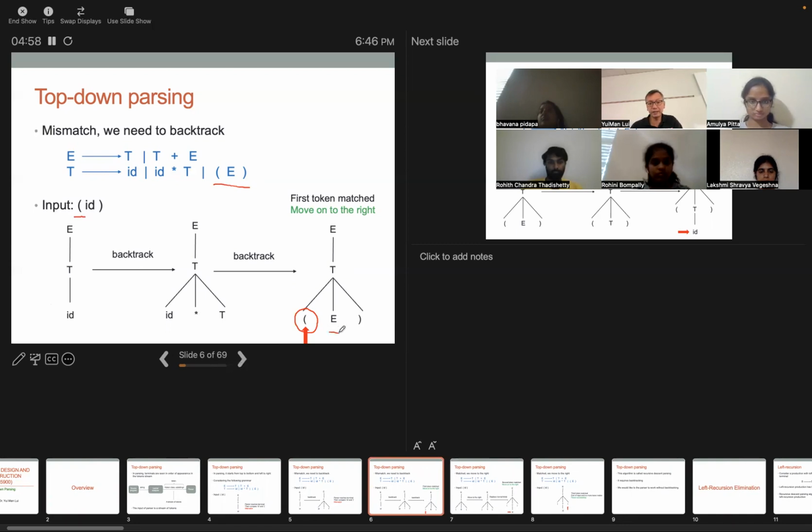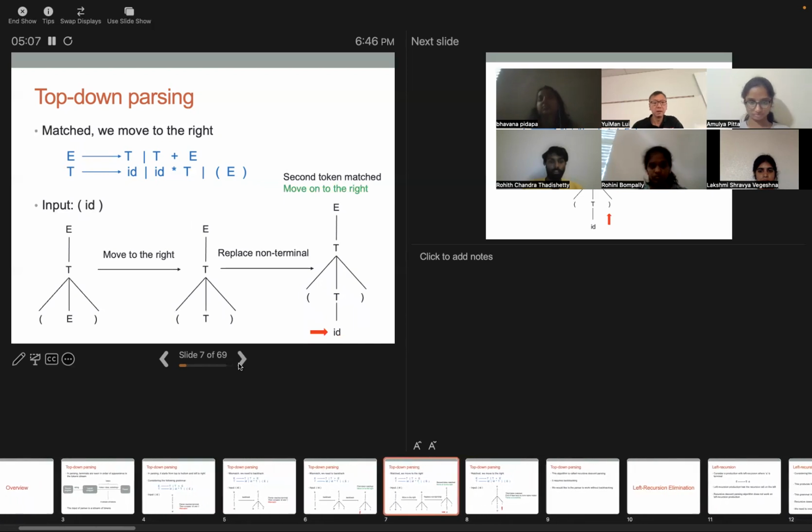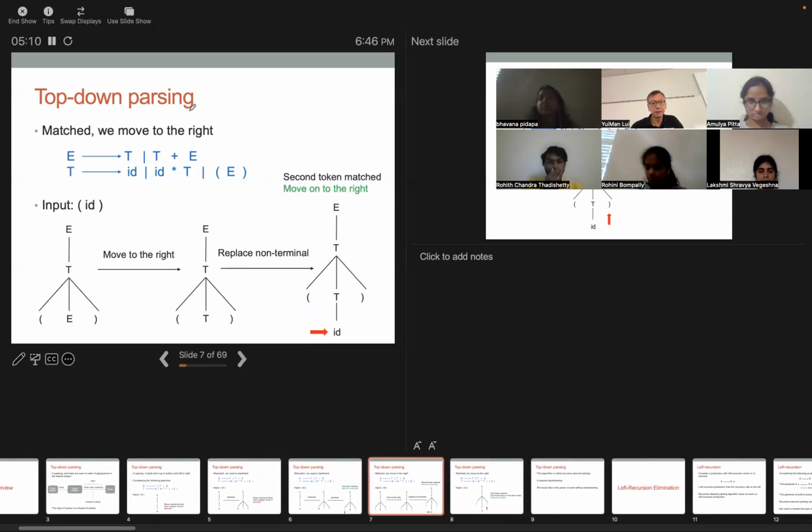The next one is E, so we come back to E. For E, we have two choices, either T or T plus E. We don't know which one, so we choose T. Then E is replaced by T. Now for T, we have ID, ID times T, and left parenthesis E right parenthesis.